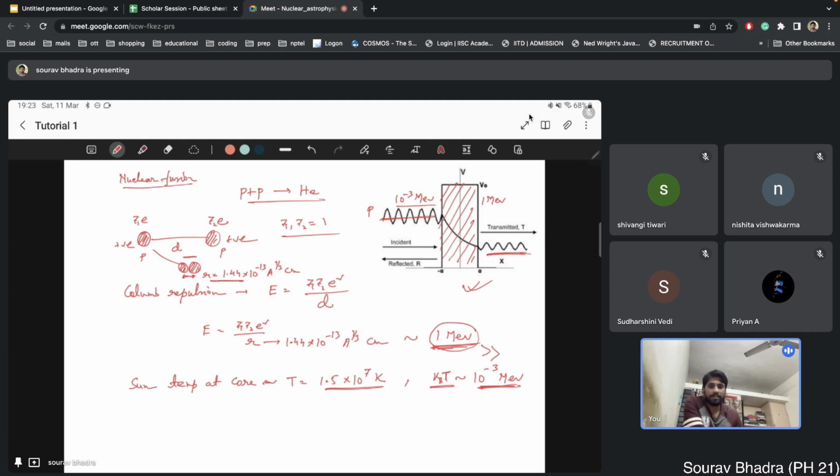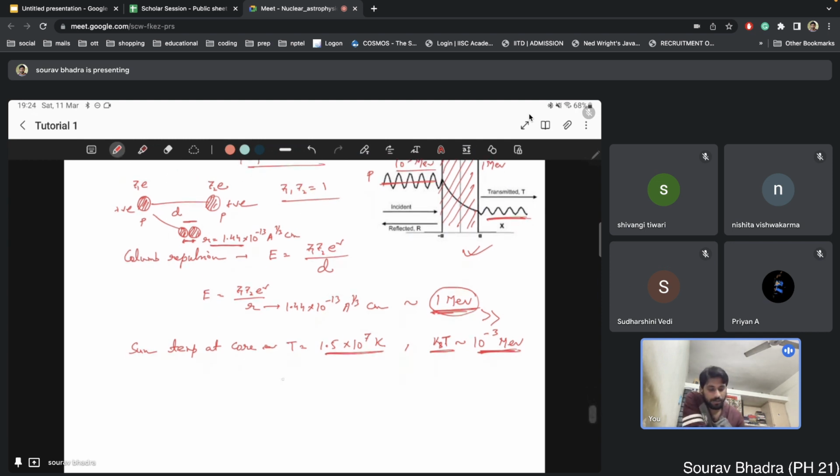So this is the quantum tunneling effect, although classically not possible, because 10 to the power minus 3 MeV is very less than the 1 MeV which is required. But quantum mechanically it is possible through tunneling. So this sir has also emphasized this point.